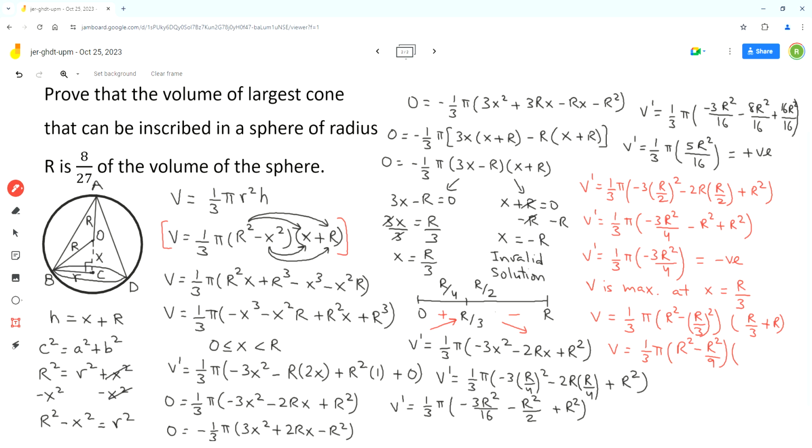So R over 3 plus 3R over 3, which is equal to 4R over 3. R square minus R square over 9 is equal to 8R square over 9. The common denominator is 9.